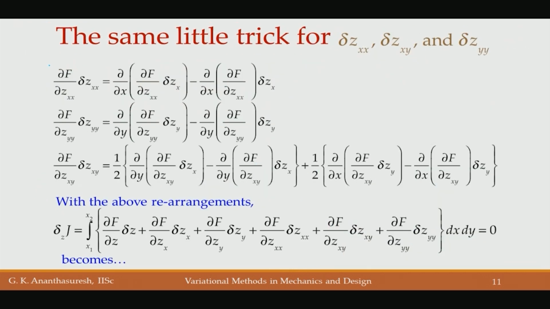So, what I had encircled in the last slide was this, that is split into this term and then this term, because then we will be left with not delta z sub xx, but delta z sub x. After that we have to do one more time to reduce delta zx and zy to just delta z. So, that is what we have here, a lot of manipulation.